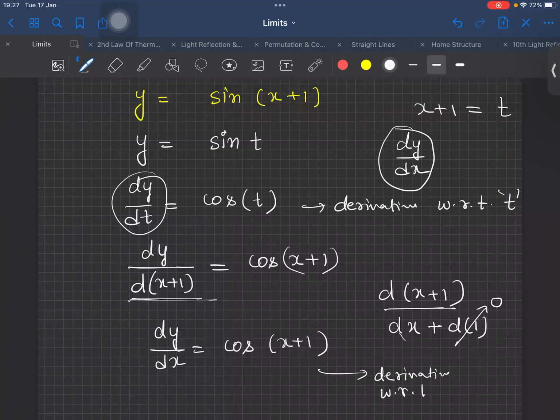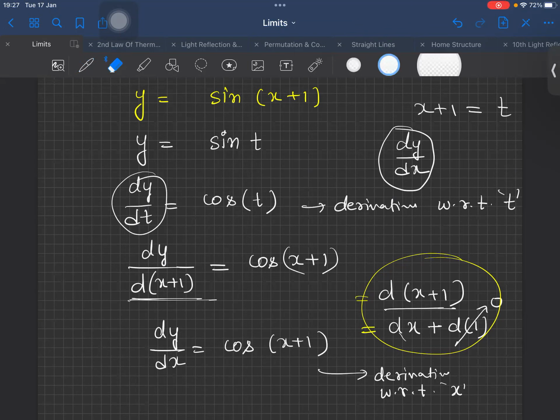This just represents the change, how much it is changing, not with respect to any variable. Understood? This is the algebraic method.